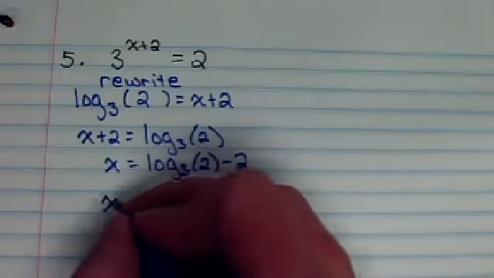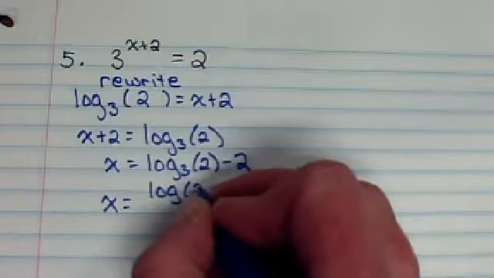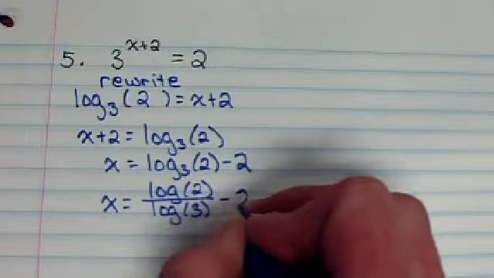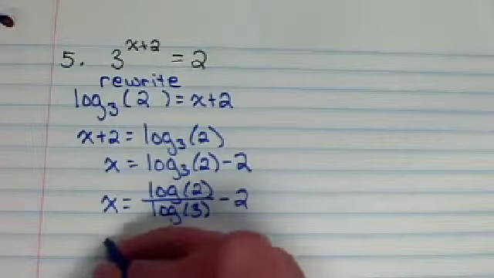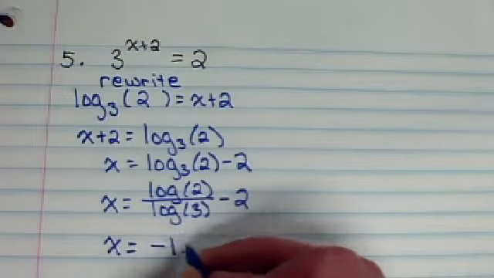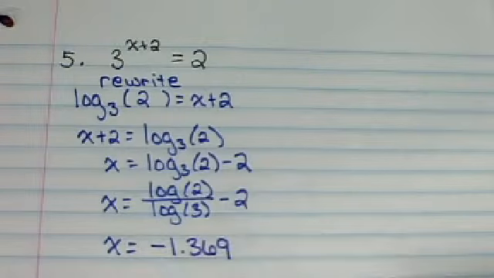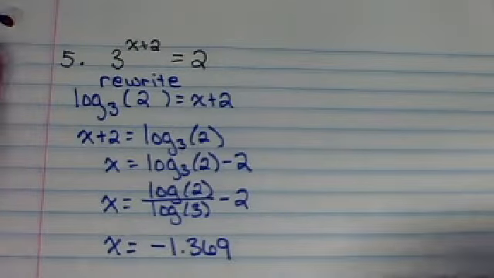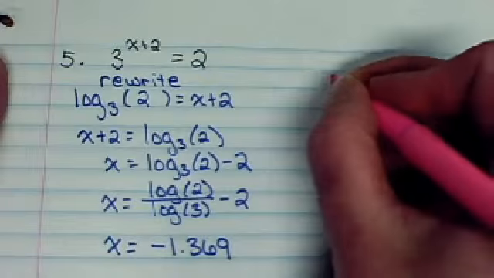Now if I wanted to put it in the calculator, I would get negative 1.369. So that's one way to do it. The other way was to take the log of both sides.